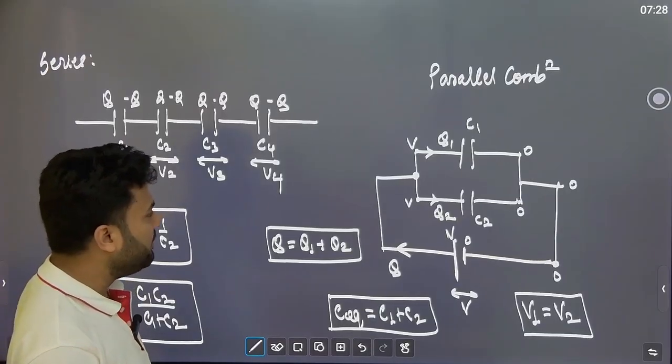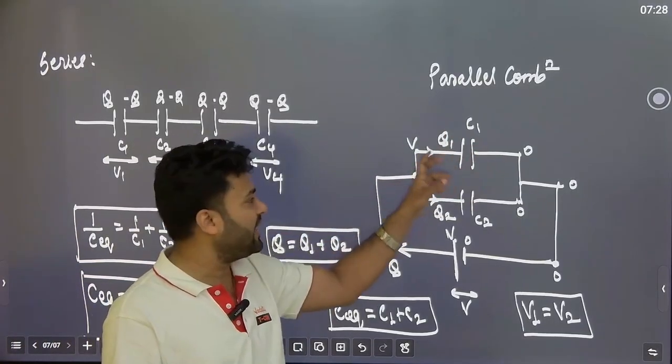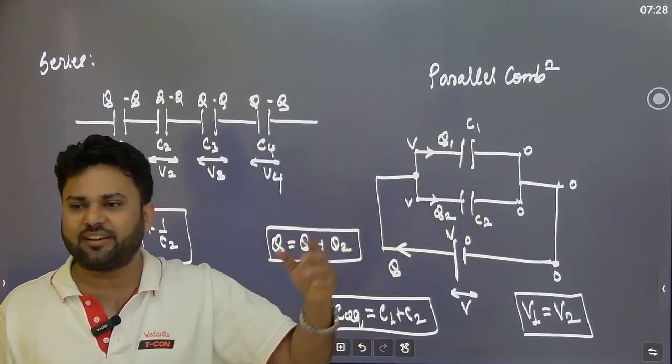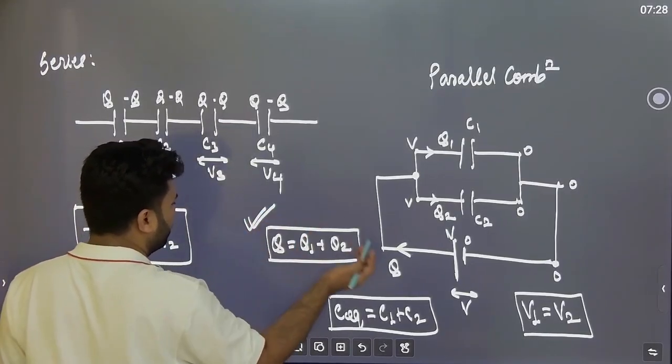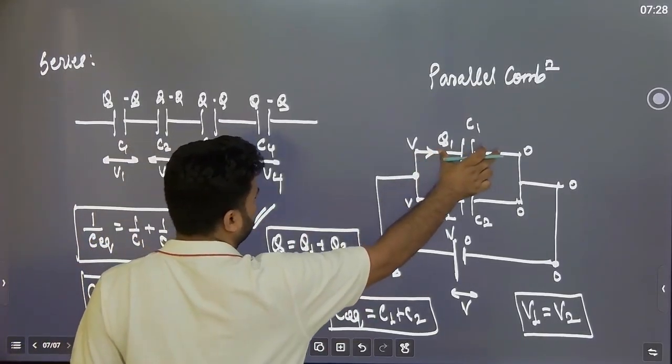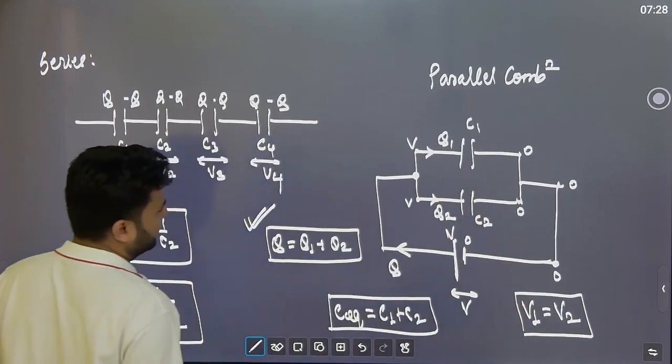Okay. So sometimes they ask this question, how much charge is flowing inside a capacitor? So you can use this formula, and you know one more thing, potential across first capacitor equals potential across second capacitor.